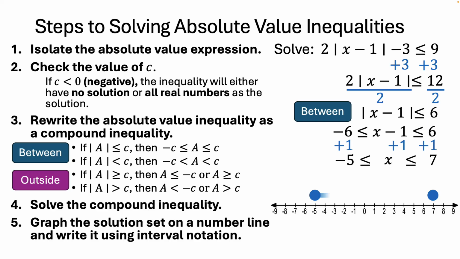And then the solution set includes everything between negative 5 and 7. Rewriting this using interval notation, our interval would be from negative 5 to 7 with square brackets on both negative 5 and 7 because those endpoints are included in the solution set.